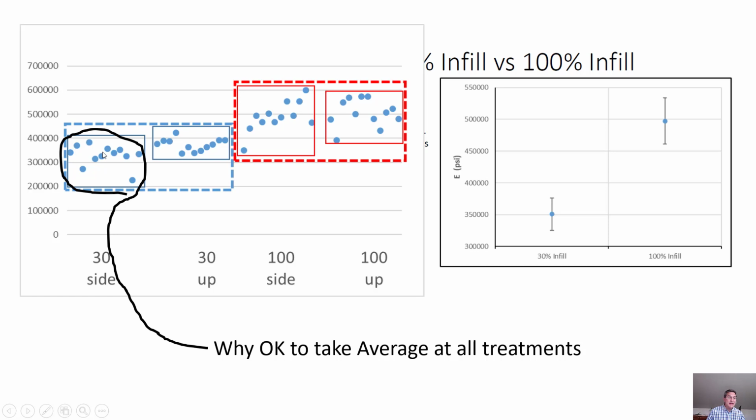It's okay to take an average of 30 side, 30 up, 100 side, 100 up. Later, you're going to make the case, okay, I showed that orientation didn't matter here, so it's okay to take the average of all of those. That's why I like this picture, because at the same time I can make the case for the consistency, so it's okay for me to take an average and put a confidence interval on it, because the only thing going on in there is random variation.